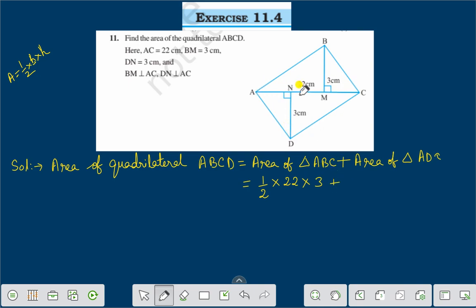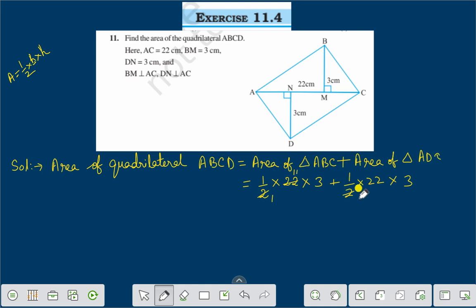In this case ADC, here you see the base is AC and the height is DN. Therefore half base into height, half base is 22, base is 22 into height. Height is 3 cm, that is 3. Here 2 11 22.